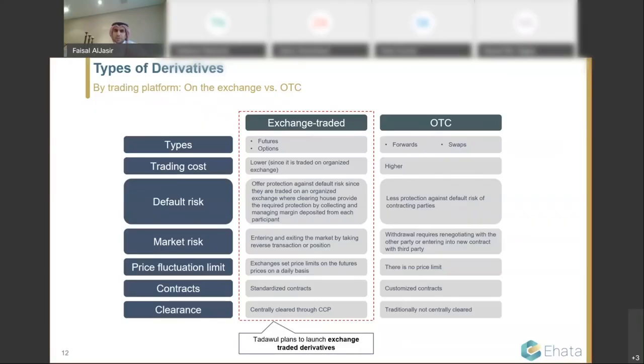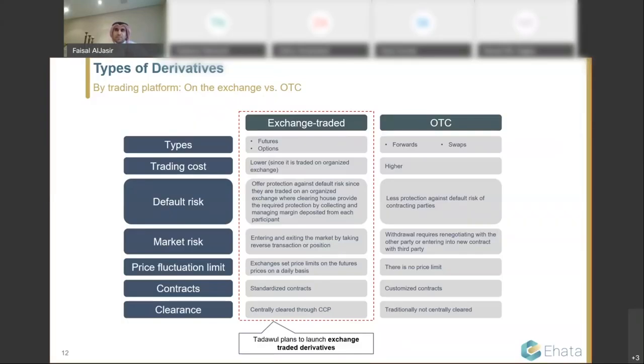Market risk: when you want to get out of your position, it makes sense that with a standardized product it becomes intuitively easy to find a match and get out of your position. You can just go ahead and reverse. If you bought a contract, you enter into an opposite one, and we'll get to that, and vice versa.